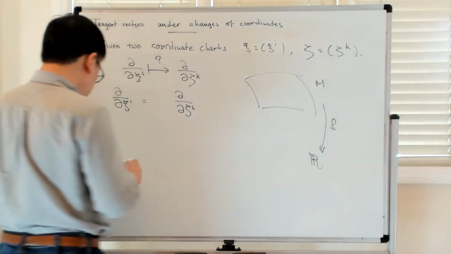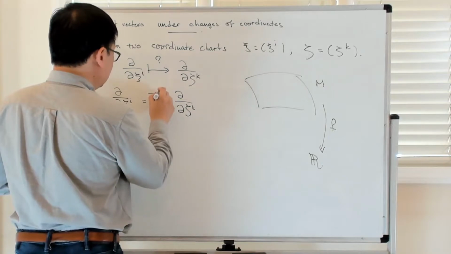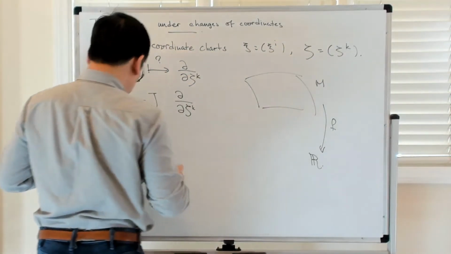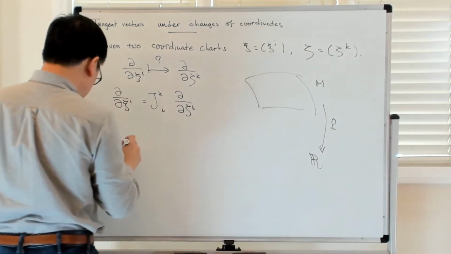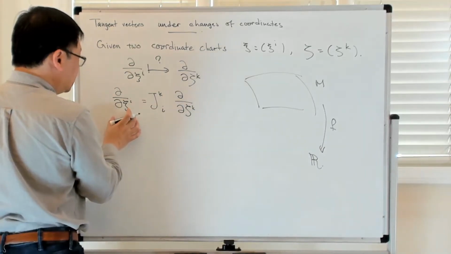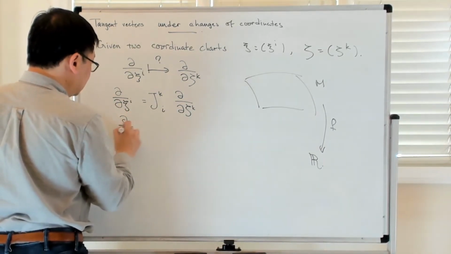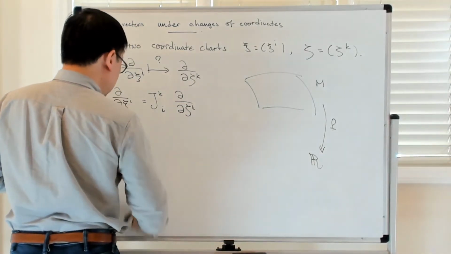It turns out that this is going to be related to the Jacobian of the transformation between the coordinates. And similarly, if you wanted to go from this basis to the first basis, you can do so as follows.